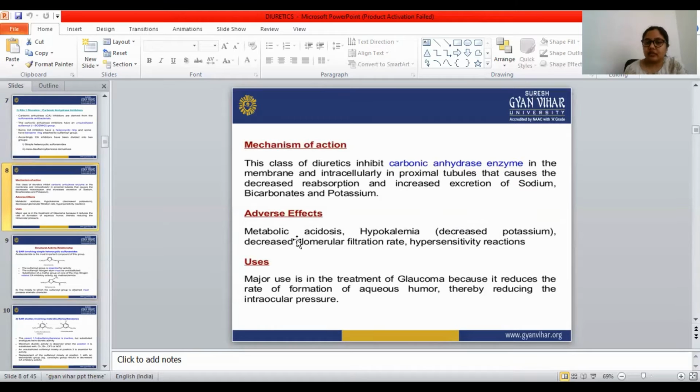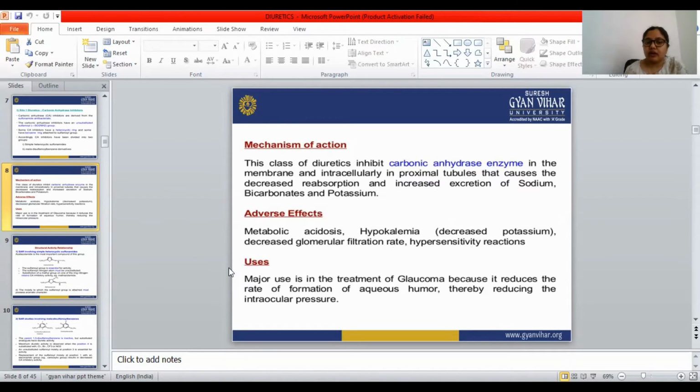And there are some adverse effects of this drug. The main adverse effects are metabolic acidosis, hypokalemia, which means decreased potassium level, decreased glomerular filtration rate, and hypersensitivity reactions.